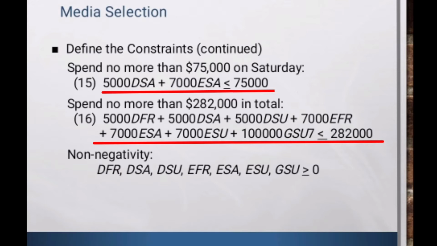So that is all. So what we spend should not exceed the budget we estimated. And lastly, the non-negativity: DFR, DSA, DSU, EFR, ESA, ESU, GSU is greater than or equal to 0.